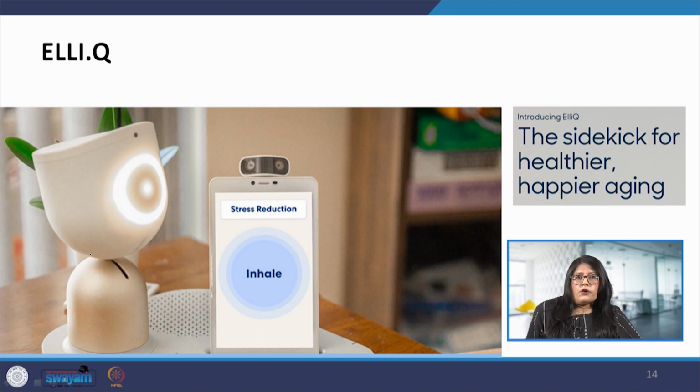It is a robot which is a static robot. It does not move, but it lights up. So, it speaks to the user, and as you can see, there is a provision to keep the cell phone which attaches to it. So, this particular robot is aimed at the elderly population, because the elderly population most of the time gets lonely.